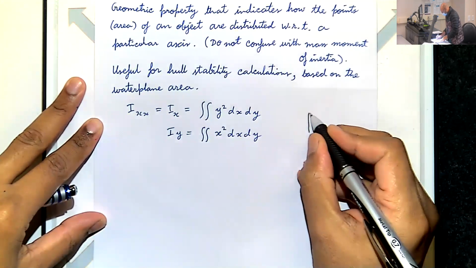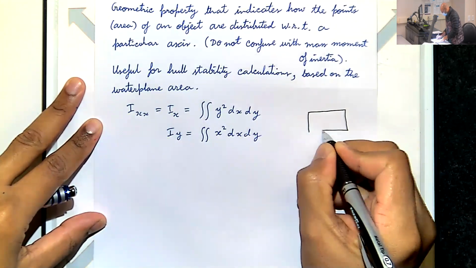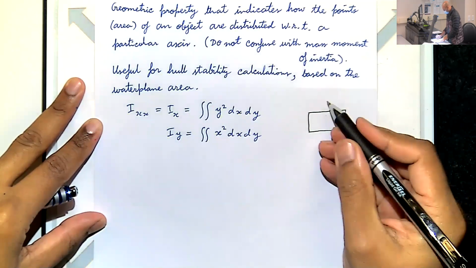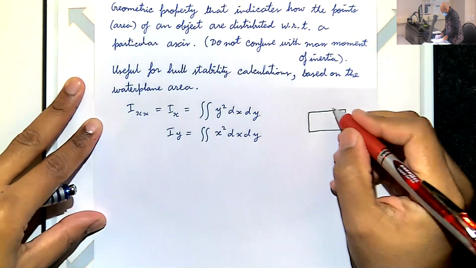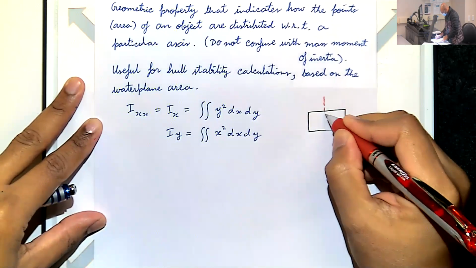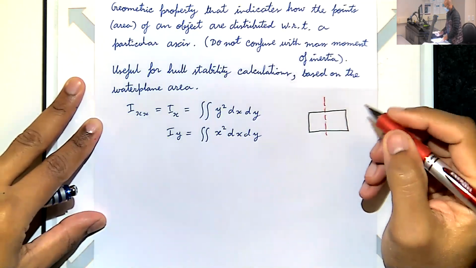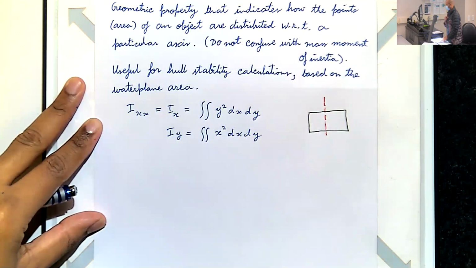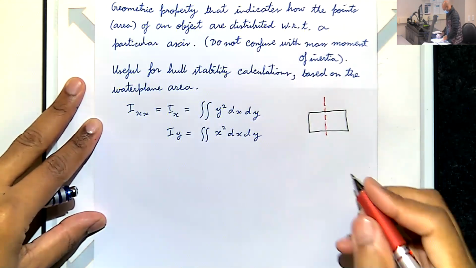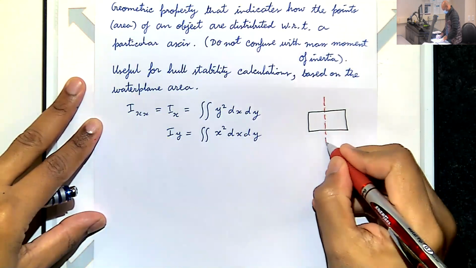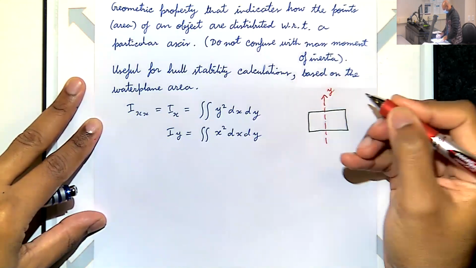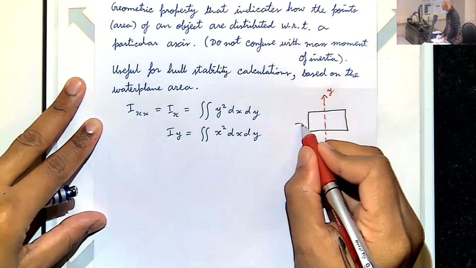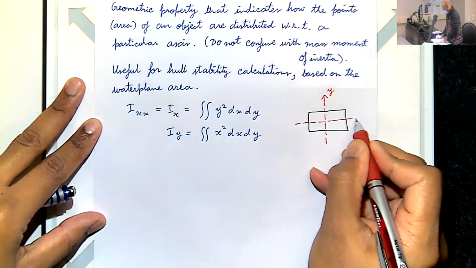Let's take a very simple shape, a rectangle. First let's talk about the axes that go through the center of area, the centroid.